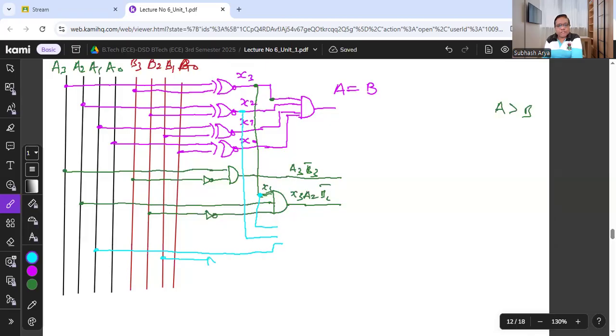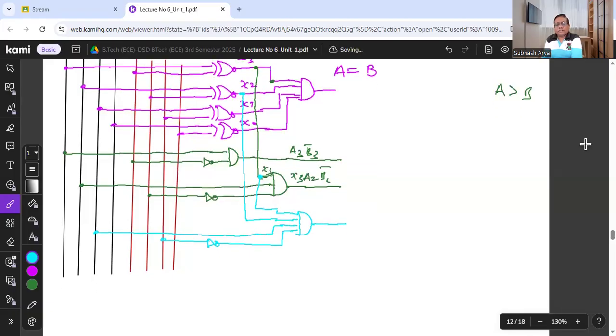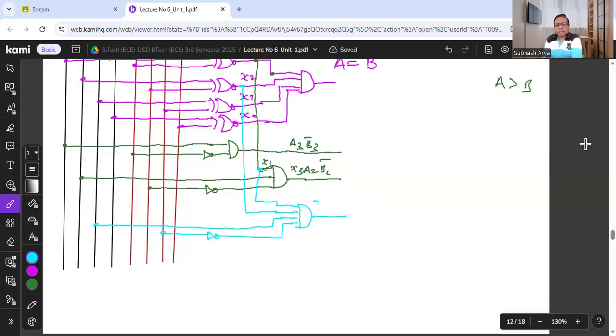B1, and put a NOT gate here. And then an AND gate. So this case is giving you X3, X2, A1, B1 bar.